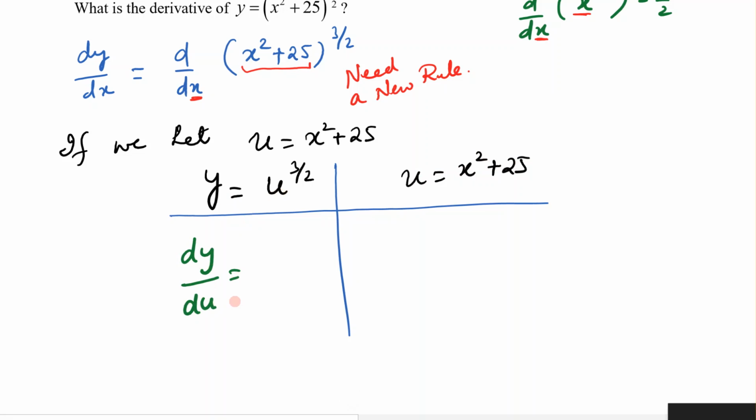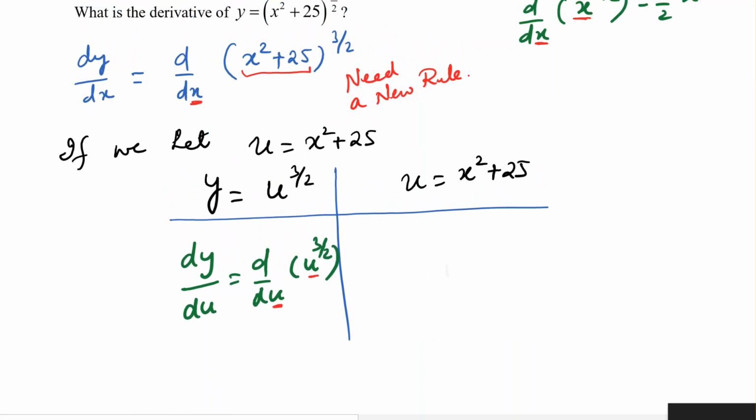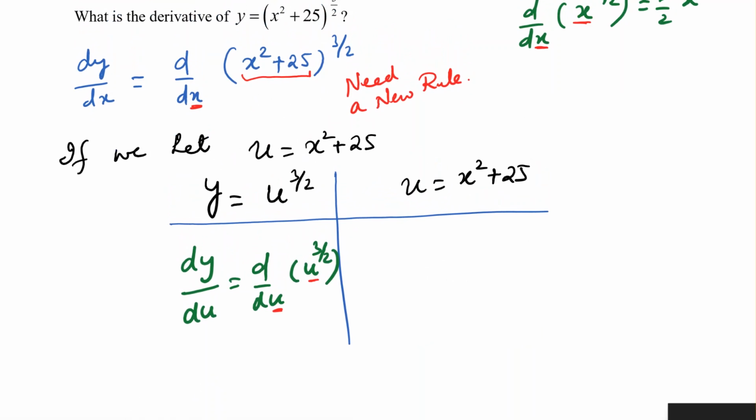So we are finding the derivative of u raised to the power 3 over 2 with respect to u. We notice that here the variables are the same, so we can simply use our power rule. So dy over du would be: bring the power down, decrease the power by 1.